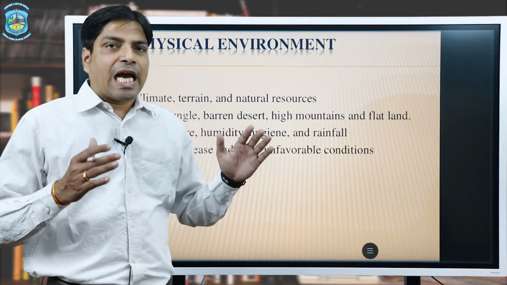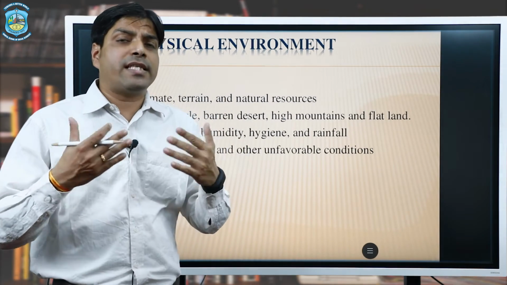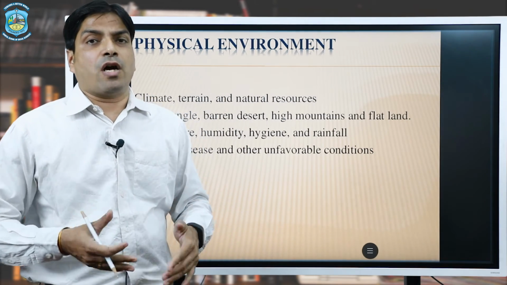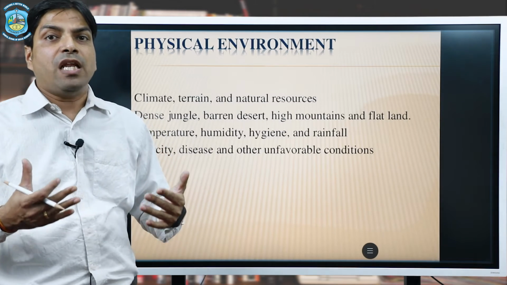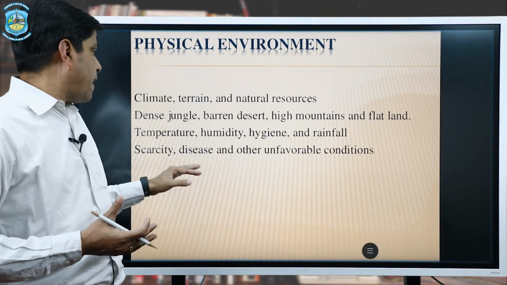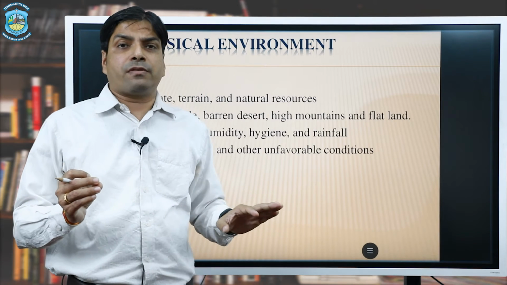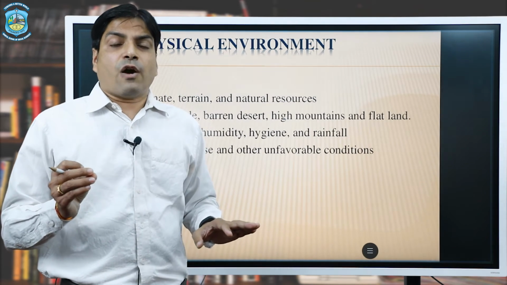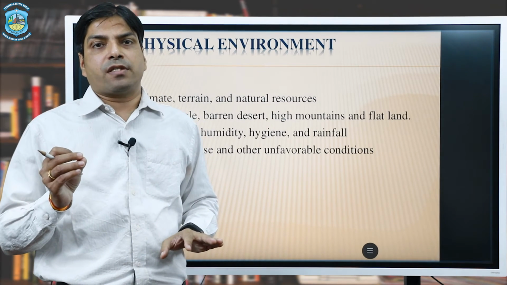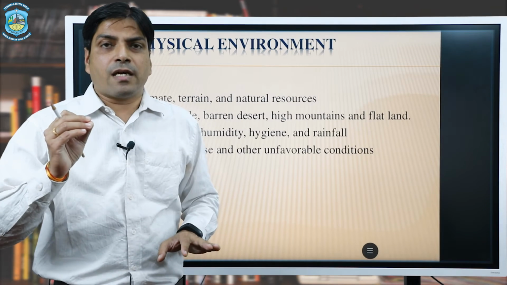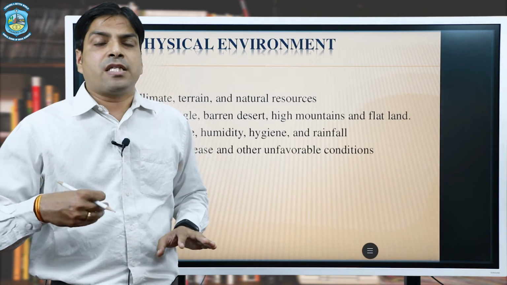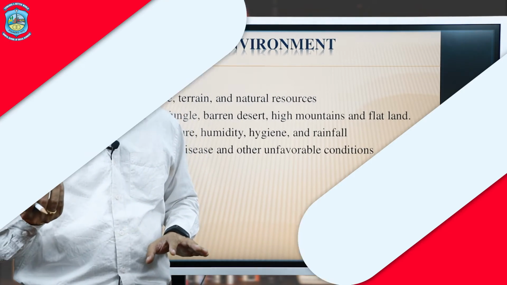Temperature, humidity, hygiene and rainfall, all these contribute to the personality of an individual and how the person will look. And scarcity, disease and other unfavorable conditions affect the personality of an individual, not only in terms of appearance but in terms of performance too.